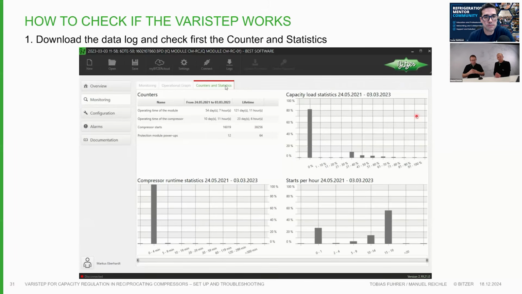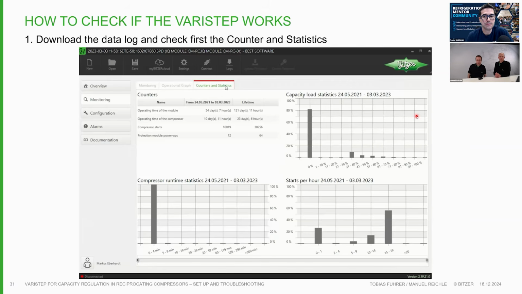In this case, the compressor running statistics show that the compressor was running on average 0 to 4 minutes. So it was starting, running maximum 4 minutes, on average something like two minutes, and then it stopped again.